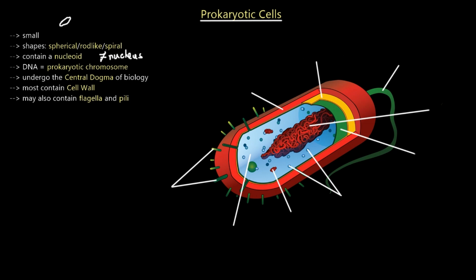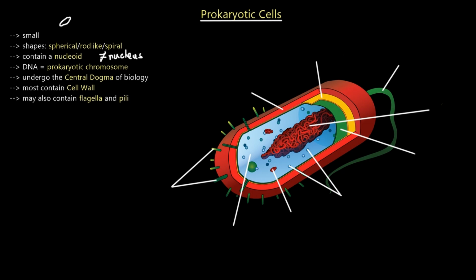And they still undergo the central dogma of biology. What I mean by that is they still undergo transcription, translation, and protein synthesis, just like eukaryotic cells that have a nucleus do.